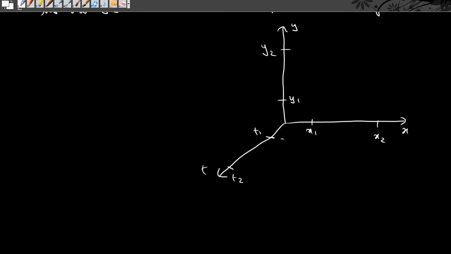Then we know this particular point, which is going to be our point 1, and we also know this particular point, which is our point 2.